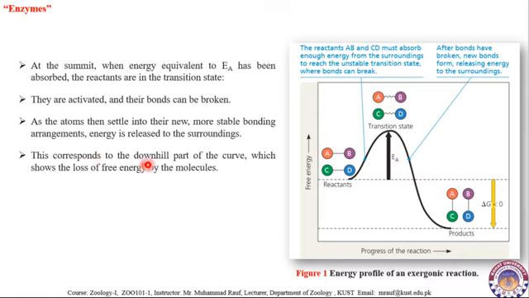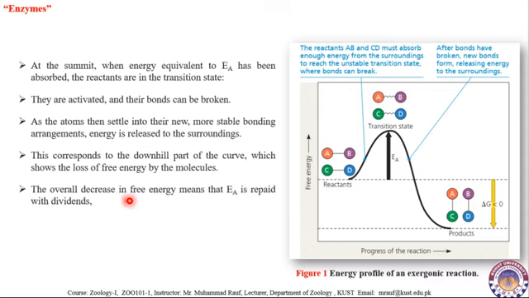This corresponds to the downhill part of the curve, which shows the loss of free energy by the molecules. Once again, you are seeing this word free energy, which means the energy which is available to perform work. So when these molecules in transition state return to the ground state, obviously it will only happen when the energy they have absorbed is released, and this released energy can be used to perform some kind of work.